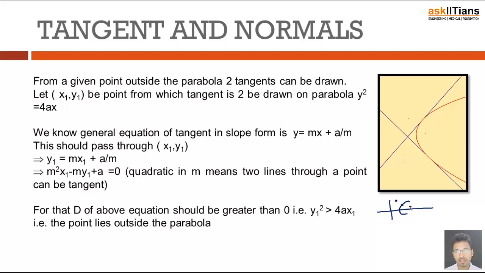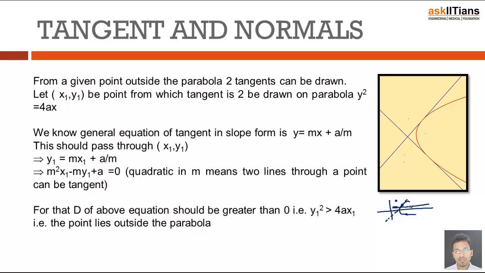On the inside, we cannot have a line that touches the parabola; it has to pass through 2 points, or it won't be intersecting. Even if you draw a line parallel to this, it won't be touching. By touching we mean that the point should be on the parabola.